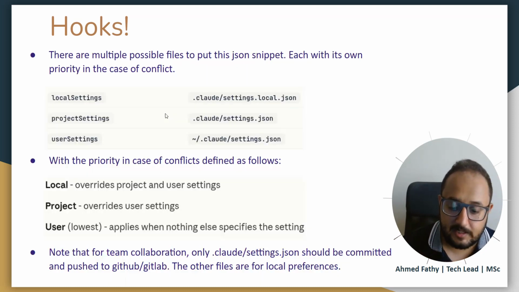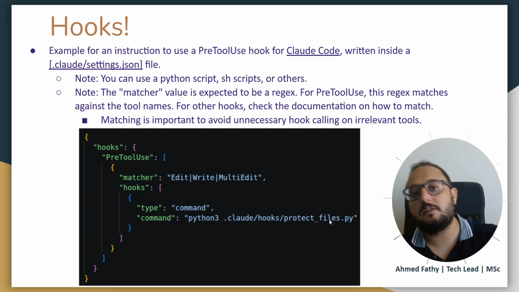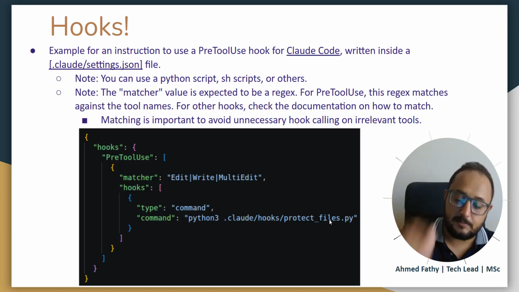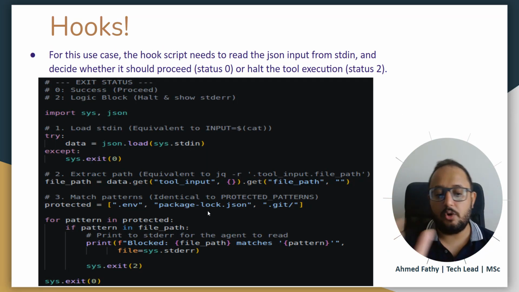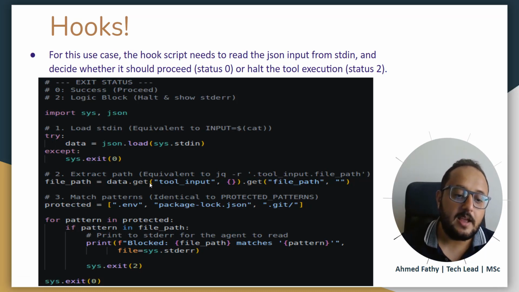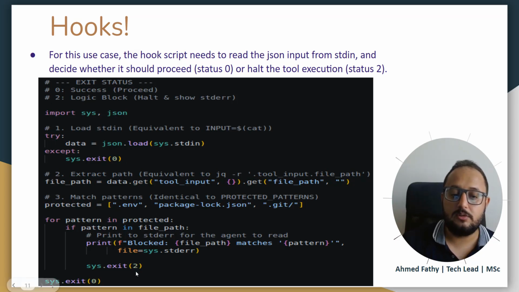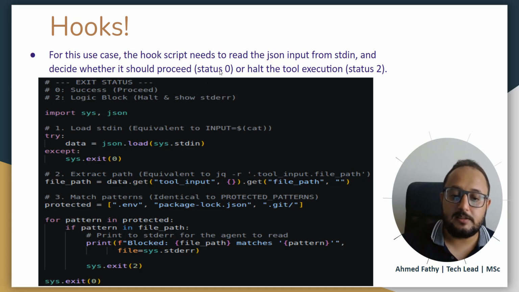This happens again automatically. Remember that here you don't pass any parameters. However, under the hood, Claude Code will insert the parameters inside some JSON, and then you read this JSON, and you can do whatever you want, right? So do some checks and so on. And then you can either return 0 or 2, at least those are the standards. Status 0 means proceed.